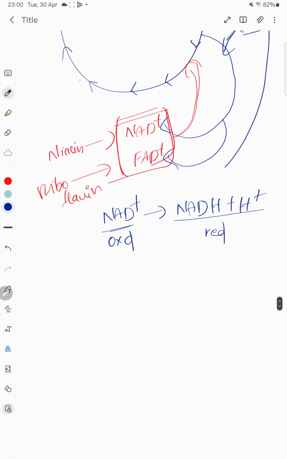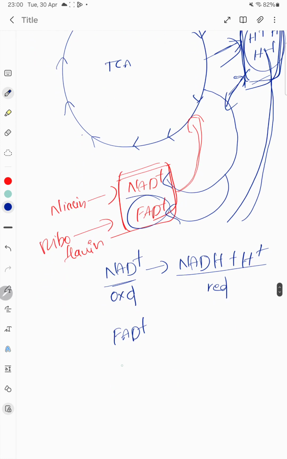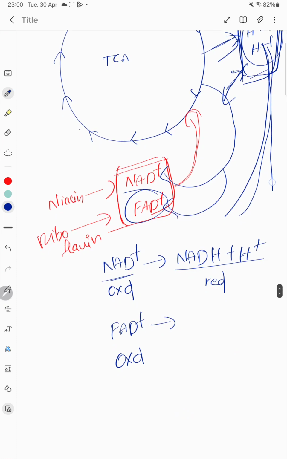Okay, now the remaining one is FAD. FAD also accepts H plus ions from the TCA cycle. As it is initially in the oxidized state, after obtaining H plus ions from the TCA cycle, it will be converted to FADH2. FAD also accepts 2 H plus ions, NAD plus also accepts 2 H plus ions.